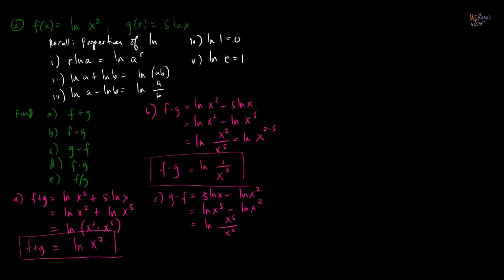So the answer is ln of x cubed. Again, to divide x to the fifth by x squared, copy the base x and subtract the exponents. So this is g minus f.